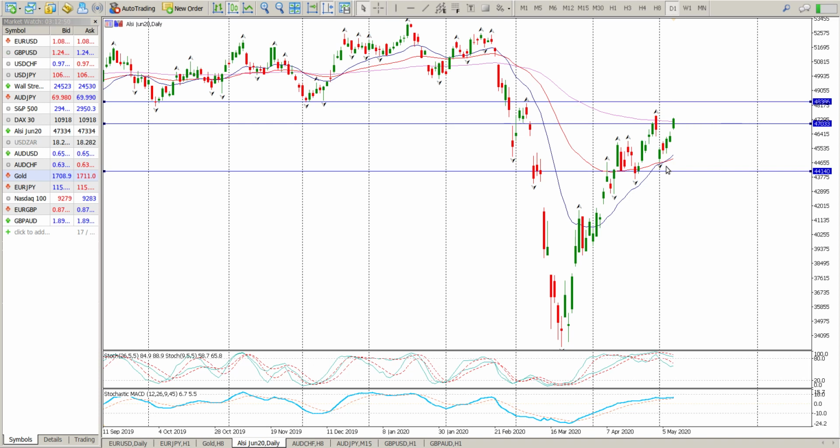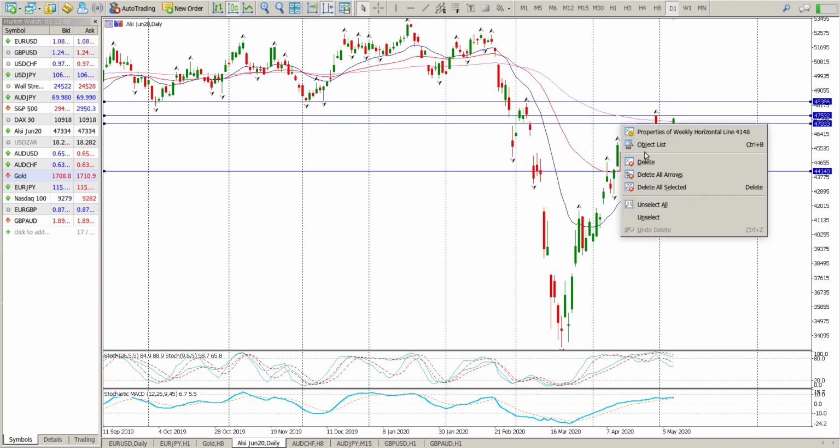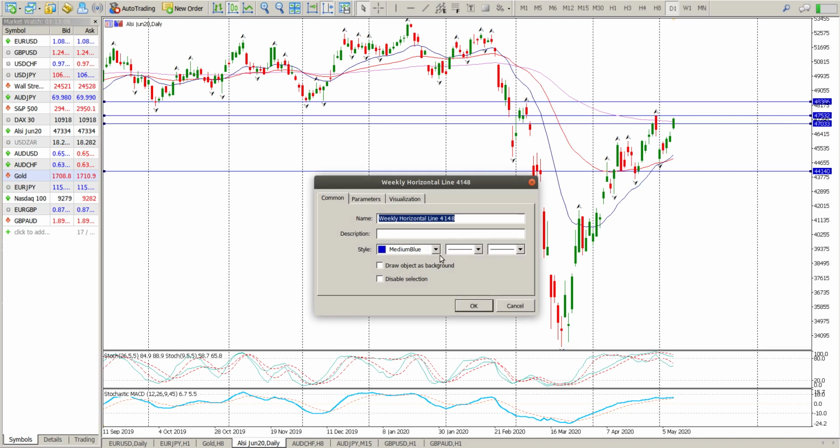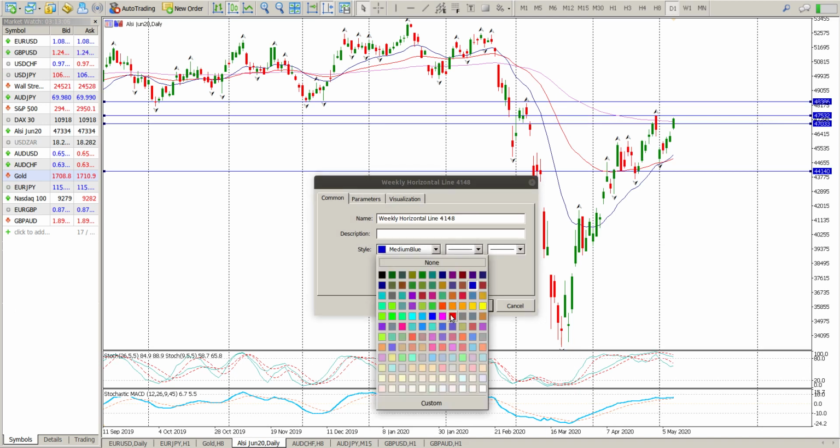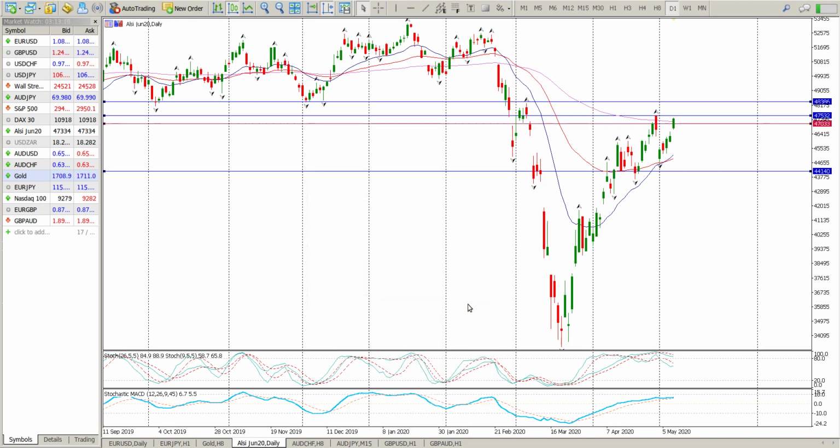Okay, so just drilling down through the time frames quickly. On the daily, we've had a crossover of our moving averages, which is a fairly bullish signal. So a break above this previous high. Let's just put that in there. Okay, and I just want to change the color of this here. Let's just change that to a red. So that's the level we need to pay attention to.